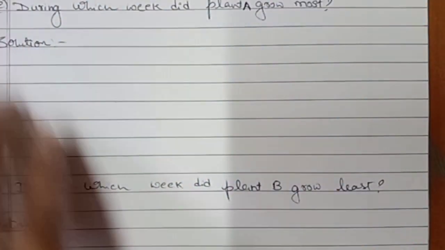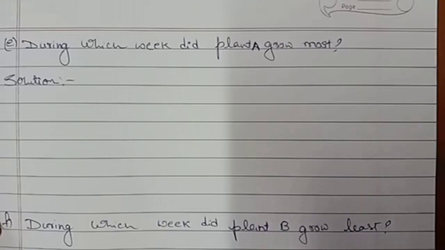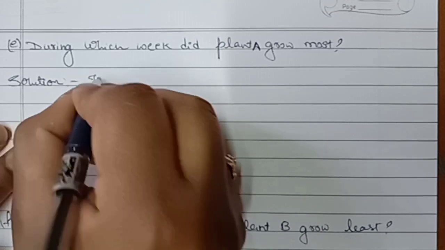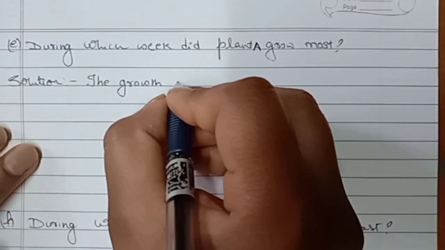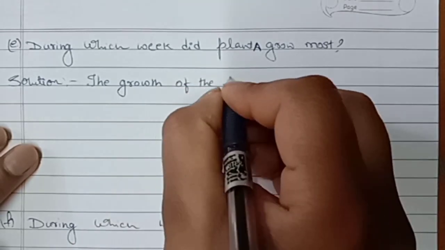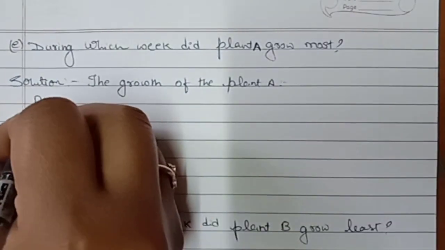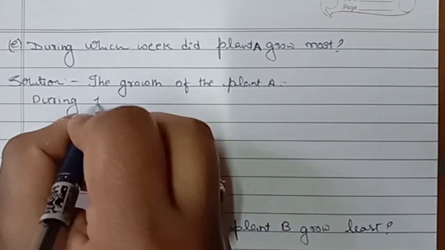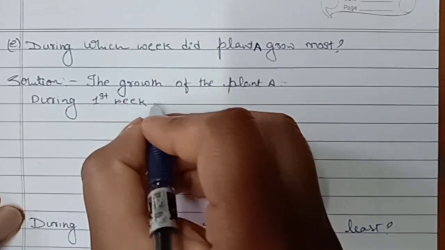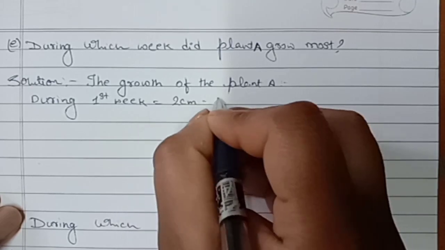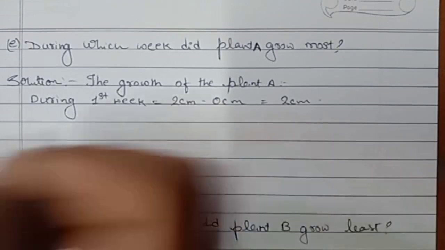Solution, the growth of the plant A during first week is 2 centimeter minus 0 centimeter. So answer will be 2 centimeter.